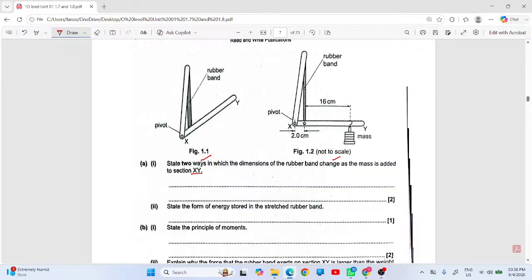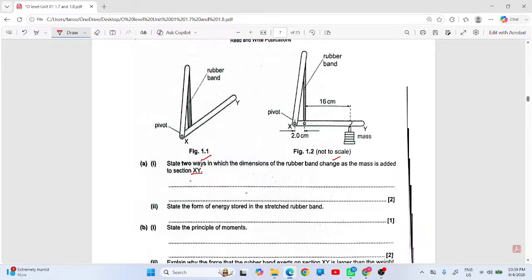It says two ways. So if I add the masses, what happens to the length of the rubber band? Does it increase or decrease? Increase, and the thickness of the rubber band decreases, as shown in the picture.